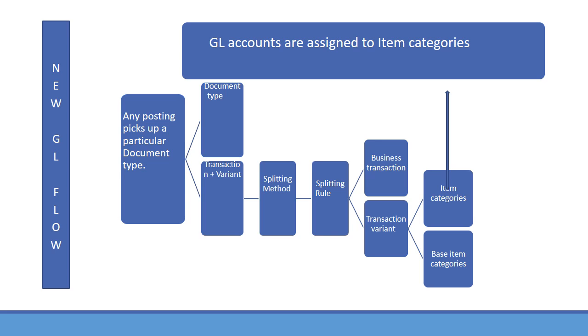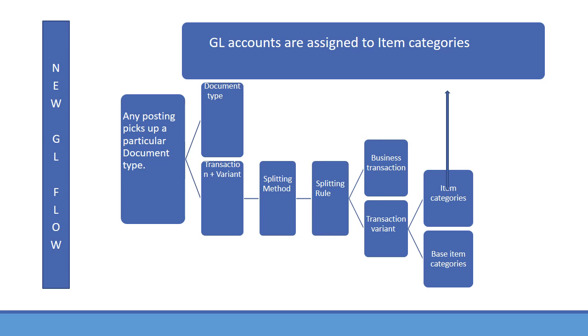So that is decided in this transaction variant. So the item categories linked to the transaction variant define which are the base item categories that are available for this variant, which has business transaction, splitting rule, splitting method link. All these will be taught to you through a live example.